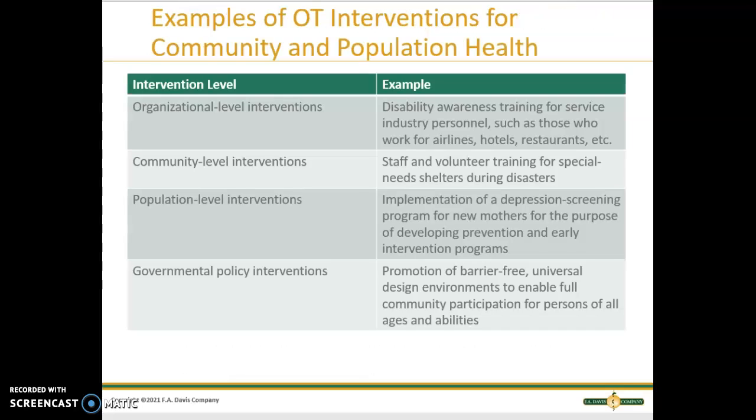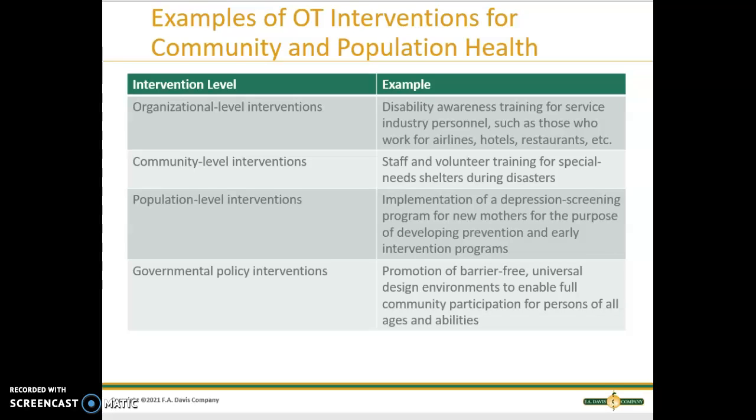So let's look at the intervention levels. On an organizational level for intervention, an example may include disability awareness training for service industry personnel, such as those who may work for an airline, hotel, or restaurant. A community-level intervention includes staff and volunteer training for special needs shelters during a disaster.